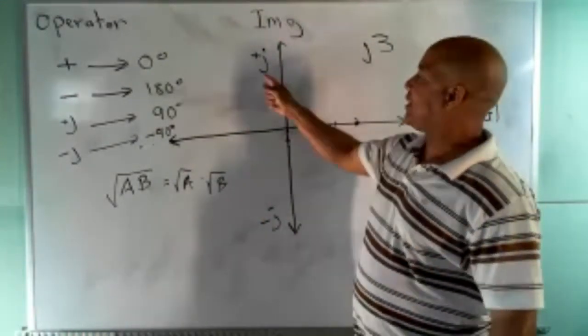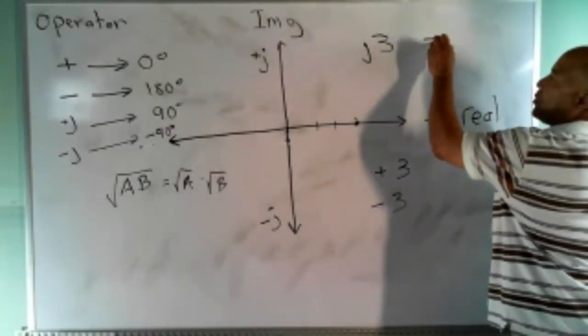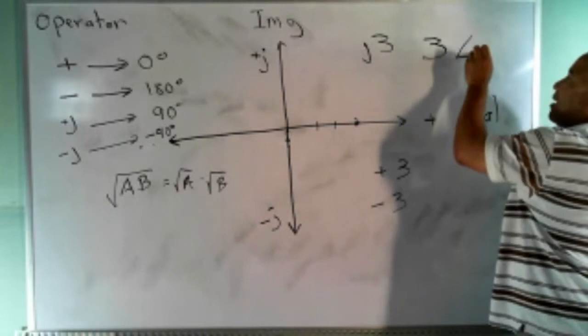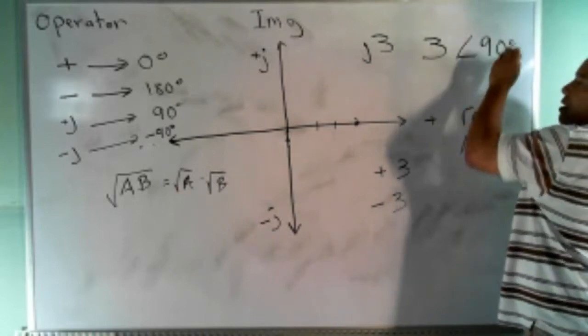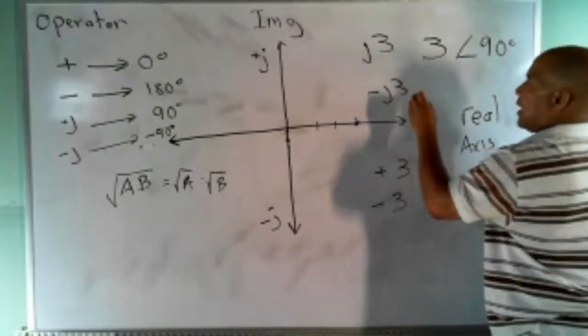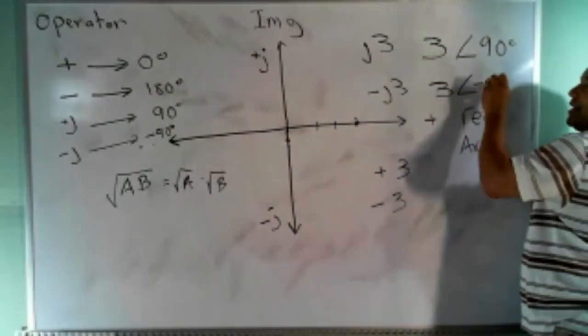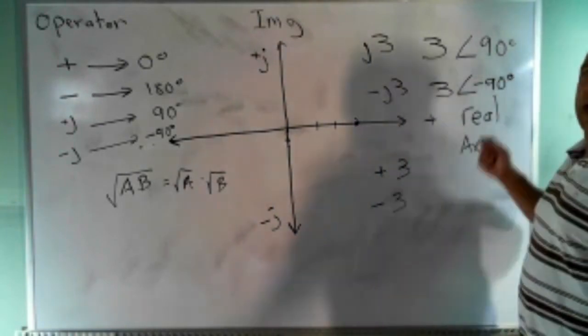So if I have it like this, it represents the magnitude 3, but the phase angle is 90 degrees. Or if I go down here to minus J3, that represents, again, the magnitude of 3, and the angle will be minus 90 degrees or 270.